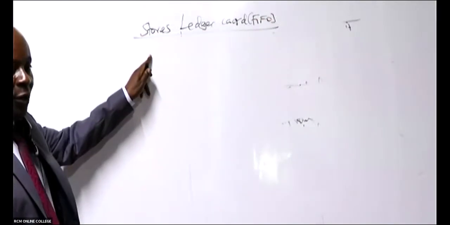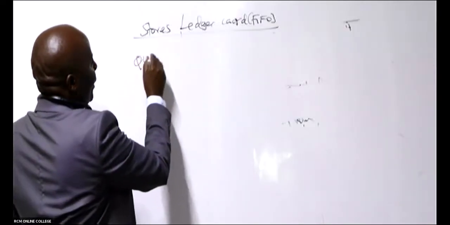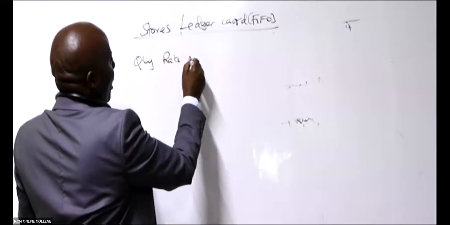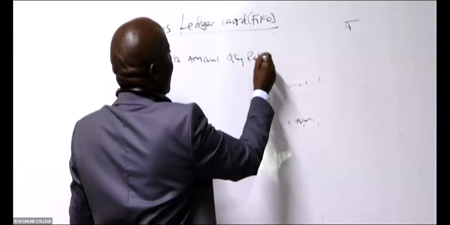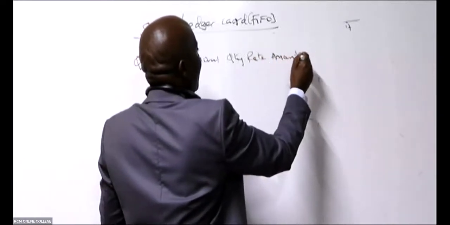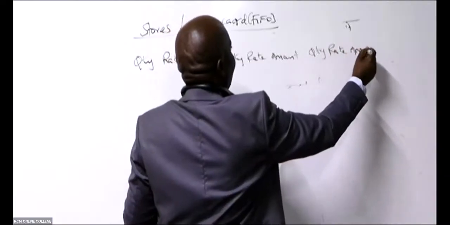You skip a line, always. Once you skip a line, you write here quantity, rate, amount.